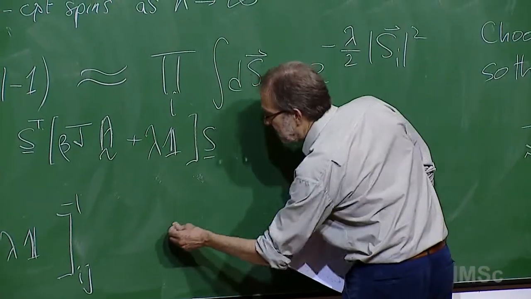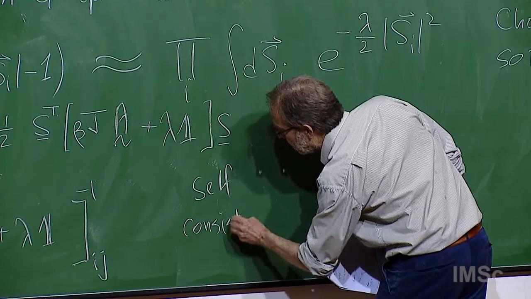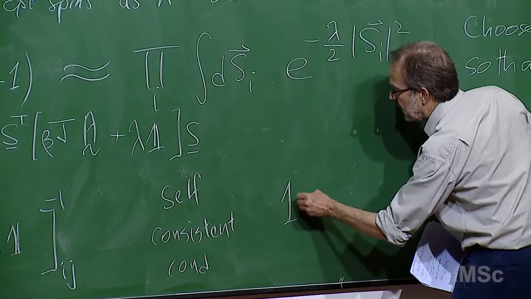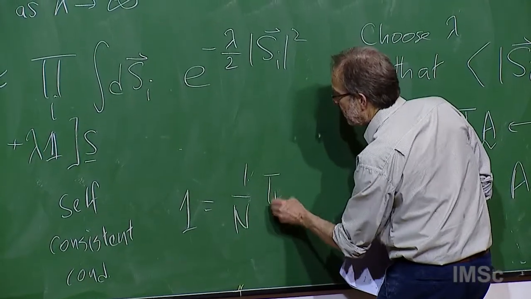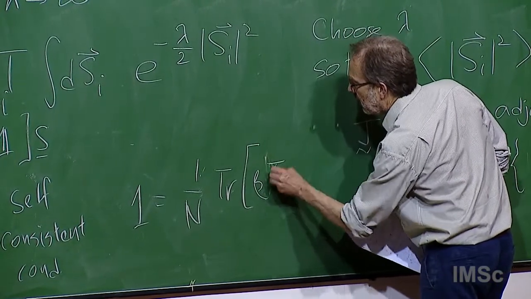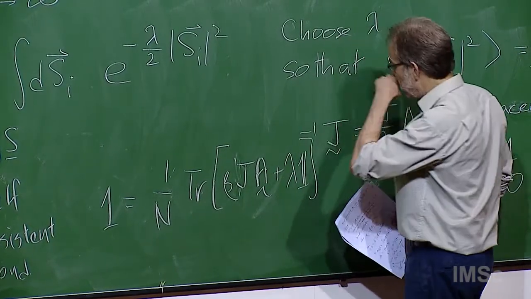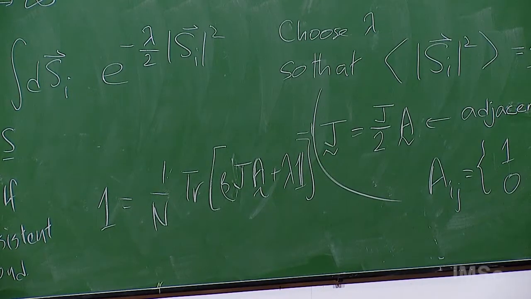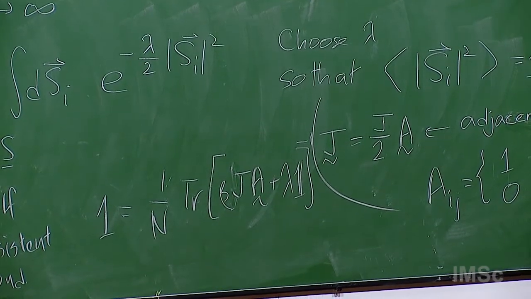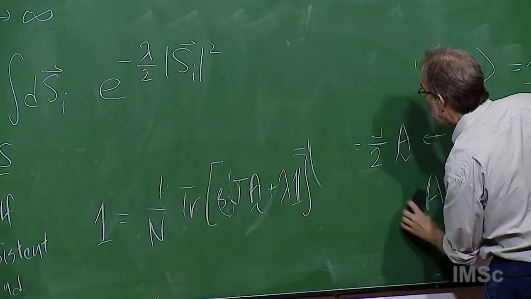And what we have is then the self-consistent condition is that 1 is equal to 1 over n times the trace of beta J A plus lambda times the unit matrix inverse.